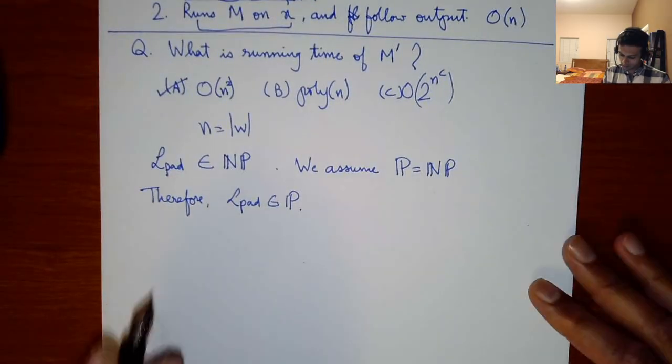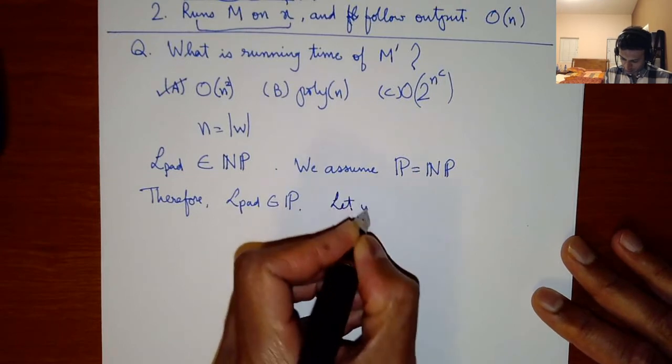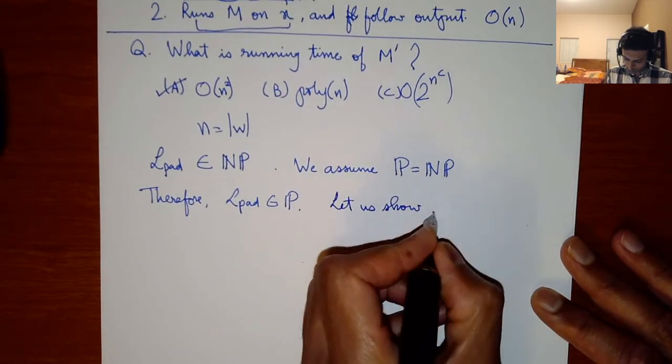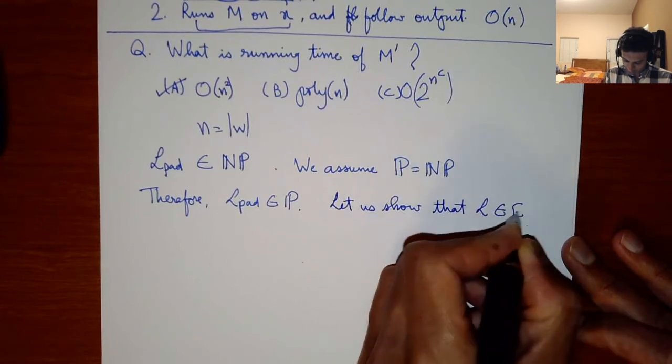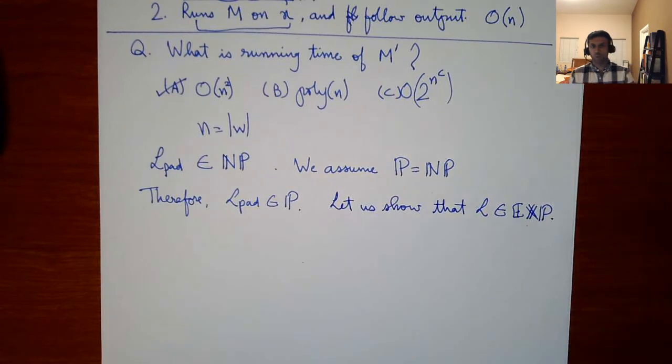So if LPAD is in P, let us show that L is in EXP. How? Any thoughts?